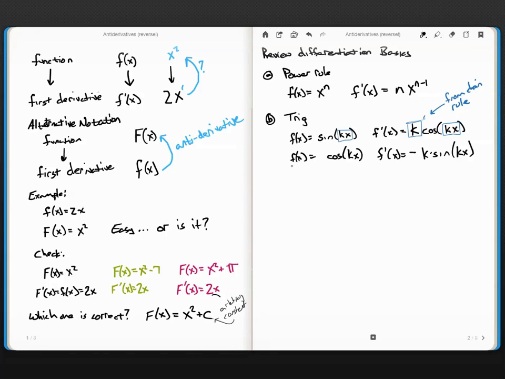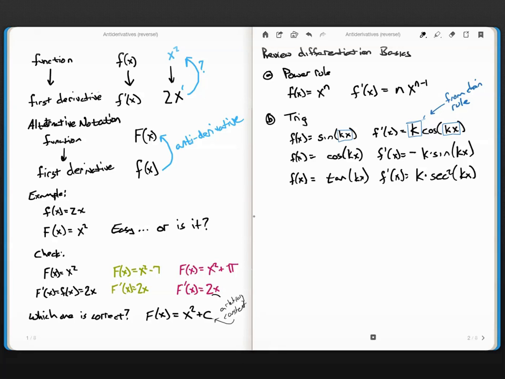One more that comes up often enough to warrant memorizing: if f of x equals the tangent of kx, f prime of x equals k times the secant squared of kx. So the derivative of tangent is secant squared. That comes up all the time.